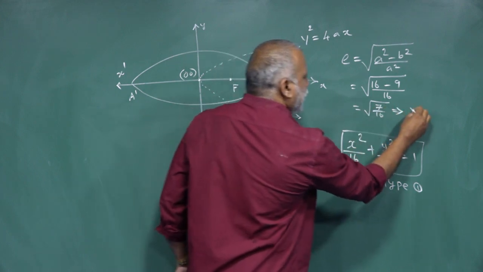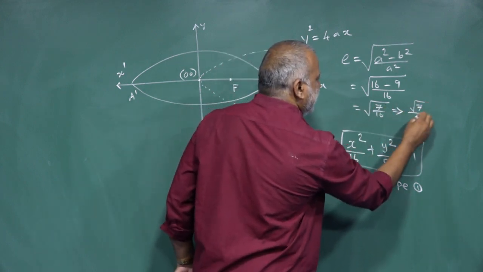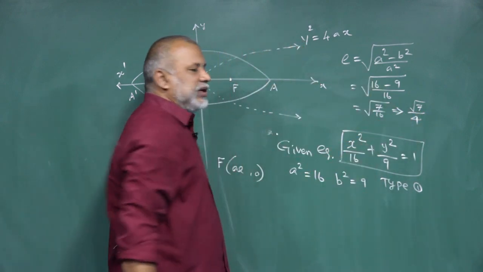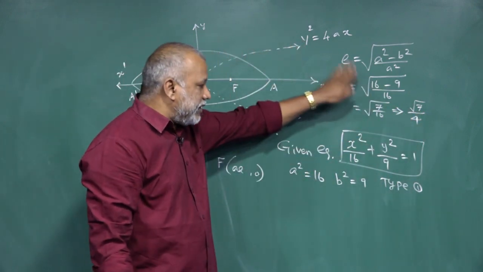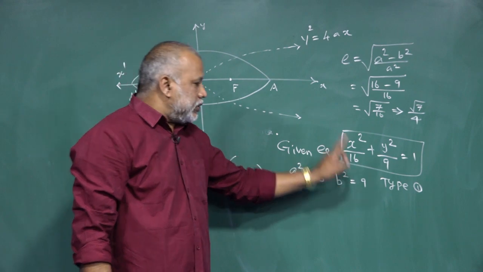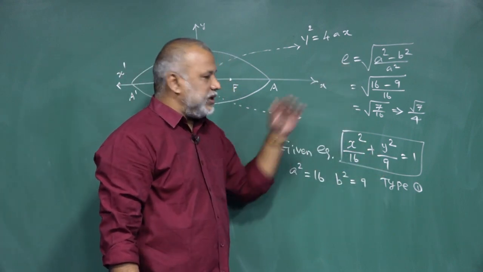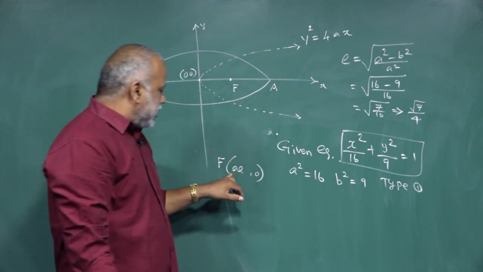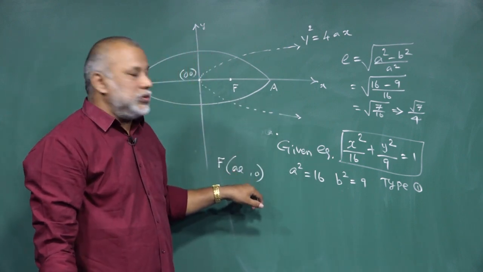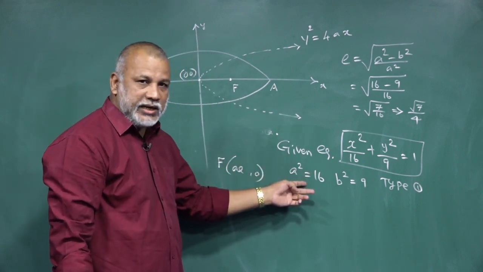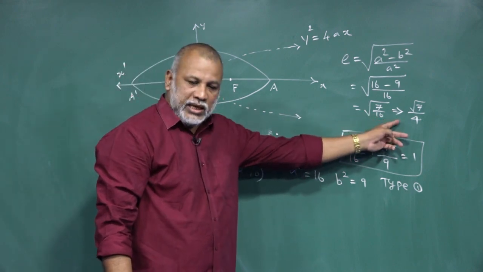That means square root of 7 divided by 4. This is the value of e, the eccentricity, for this ellipse. So a squared, b squared, then we worked out the value of e. Now, what is the focus? ae comma 0. Already we worked out a here, then just now we worked out e.